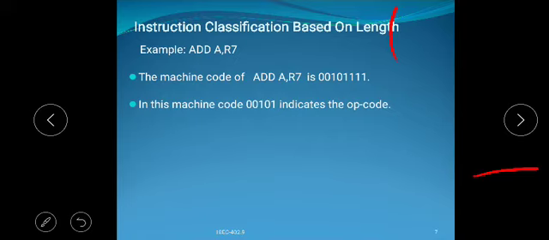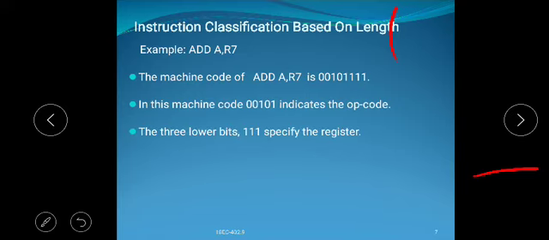Increment A is the example for the absence of the second register operand.